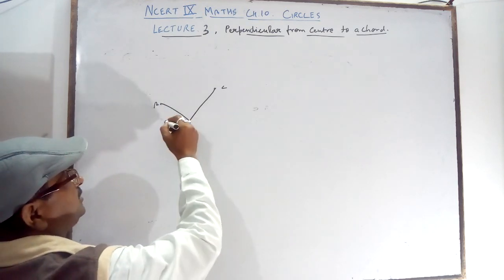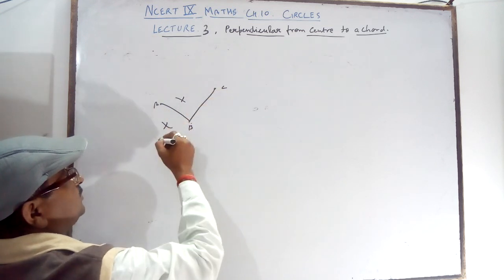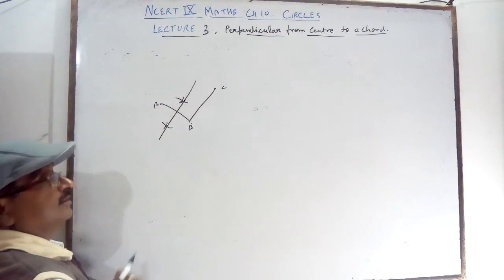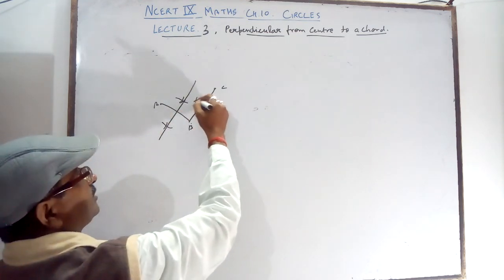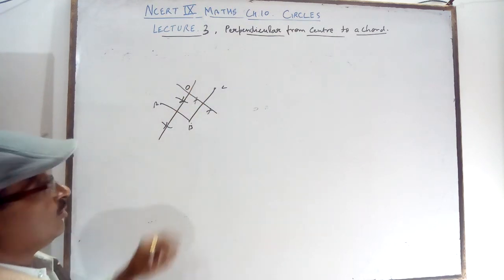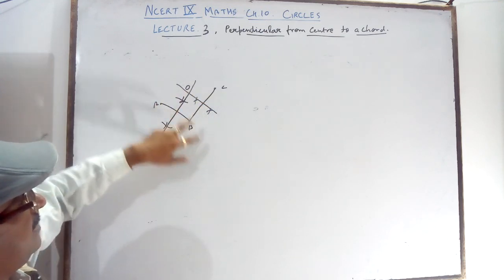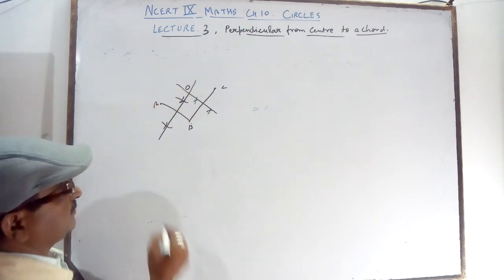How will you prove it? When you join AB and BC, you get one perpendicular bisector of AB and one perpendicular bisector of BC, which intersect at O. O is the center. Any point on a perpendicular bisector has equal distance from both end points.